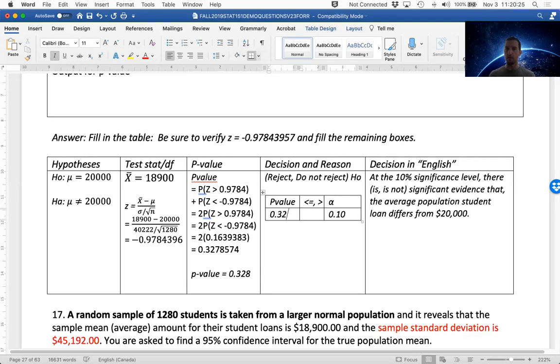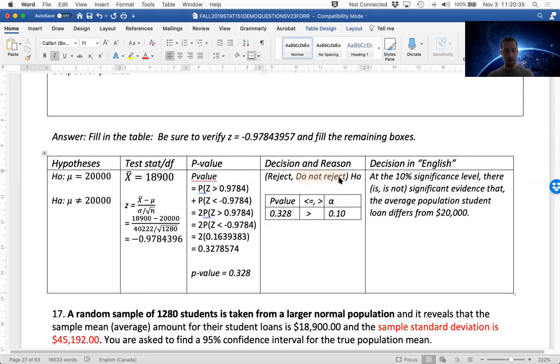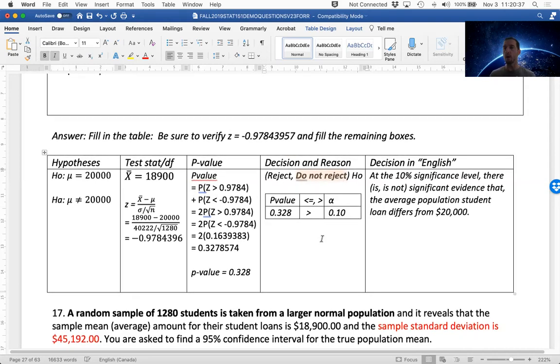So our p-value is 0.328, which is greater than 0.10. Therefore, we do not reject the null hypothesis because the p-value is greater than alpha.